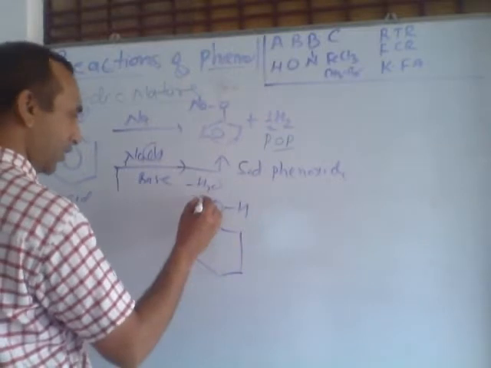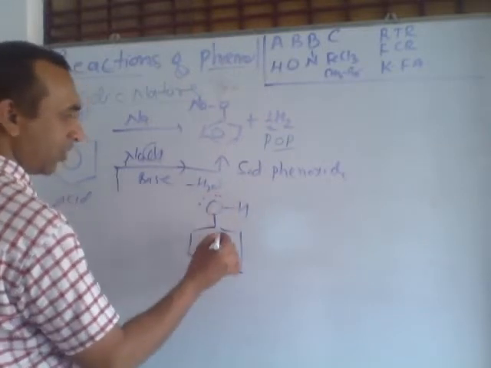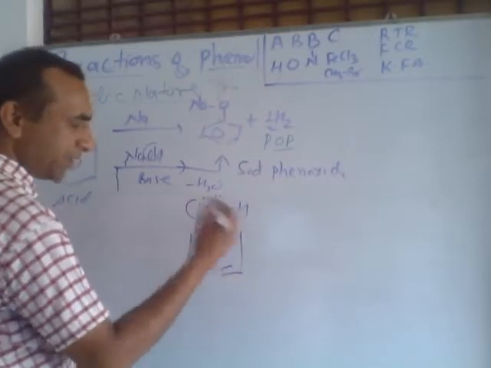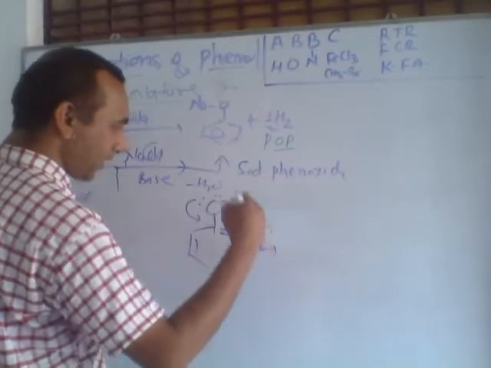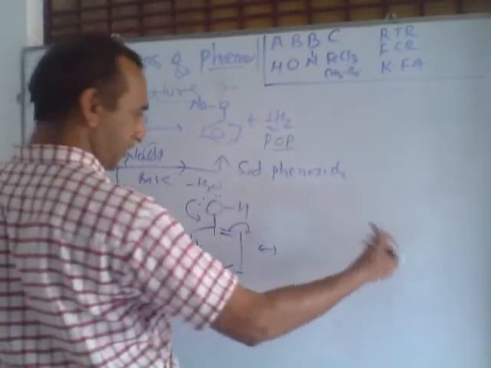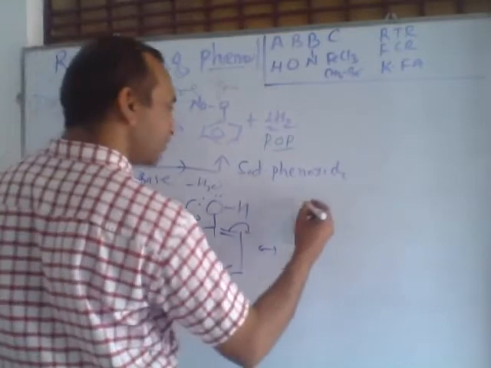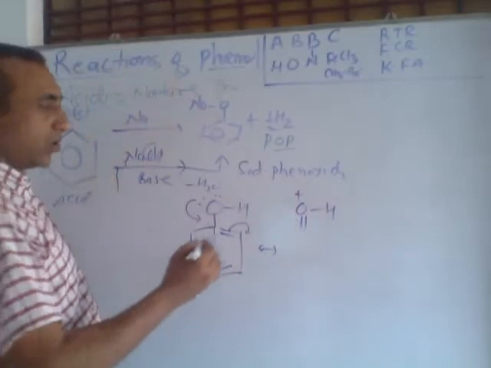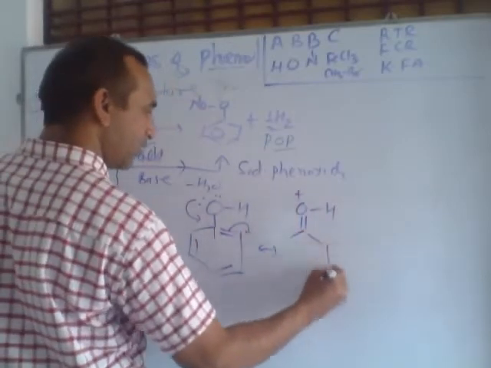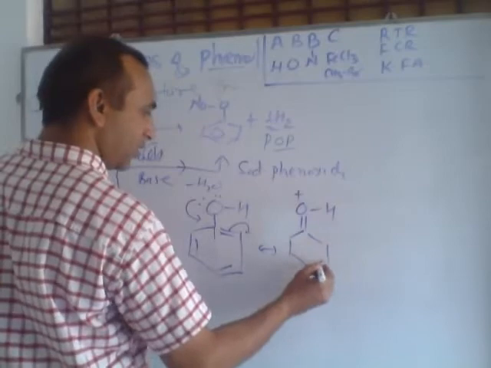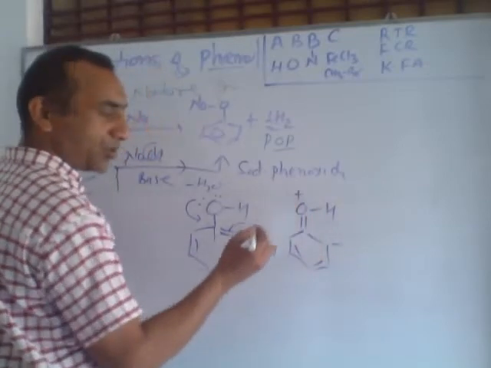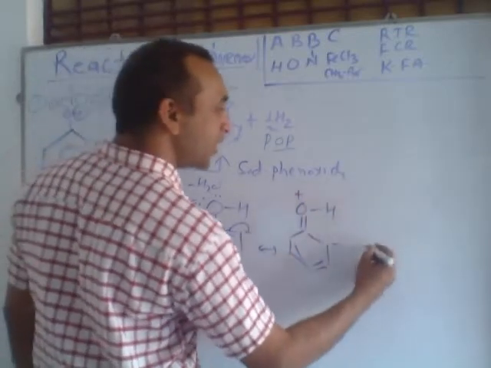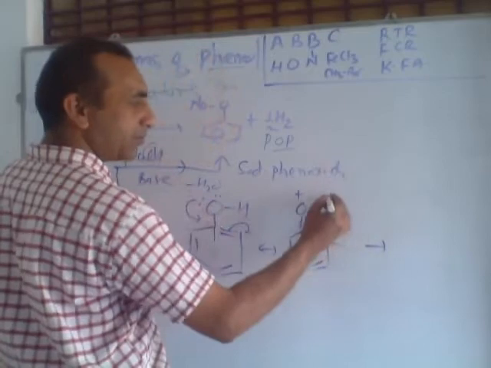Why? There are lone pairs on the O of phenol. Due to resonance, these lone pairs go inside the ring, and in the second structure of resonance, a positive sign appears on the oxygen atom, and this positive charge on the oxygen atom helps to remove this hydrogen atom easily.